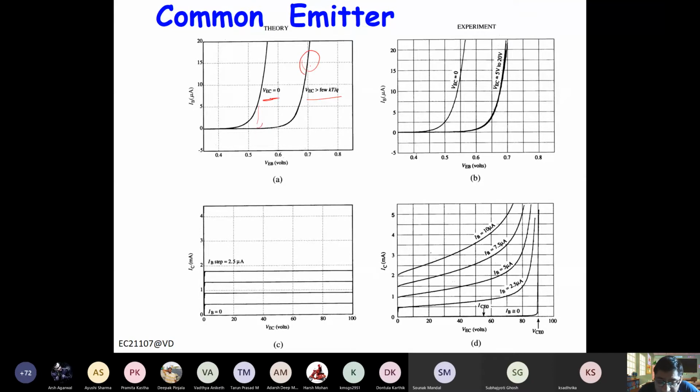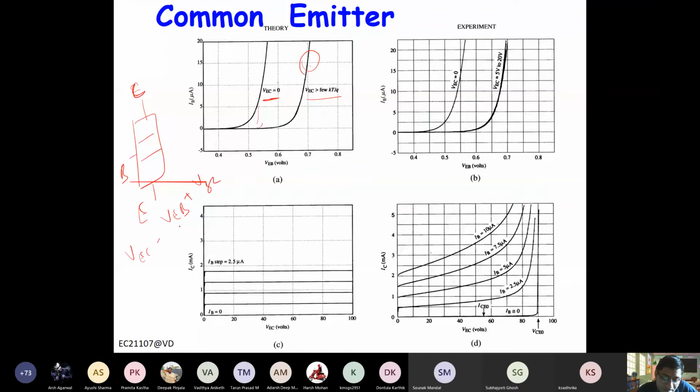Now when VEC is 0, VEC is basically this voltage. If you look here, emitter, base, collector, right? Now VEC consists of VEB plus VBC, right?